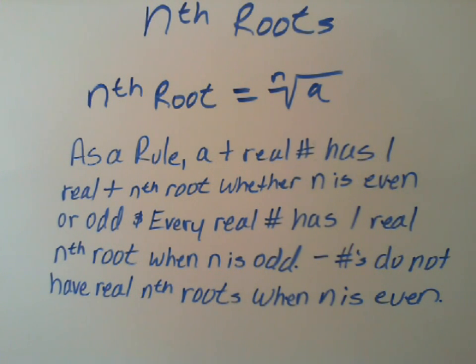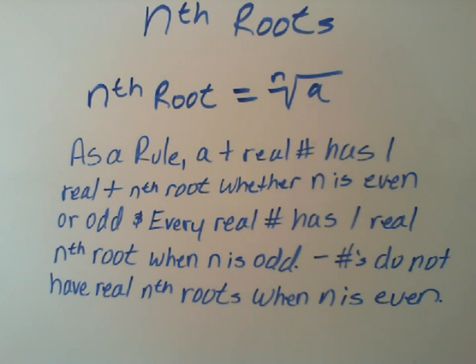As a general rule, when you're solving larger roots, if your radicand, remember the radicand is the number under the root sign, is positive, you will only have one positive principal root, whether your index, remember the index is what root we're using, whether it's the 3rd root, 4th root, 5th root, or whatever, is even or odd.